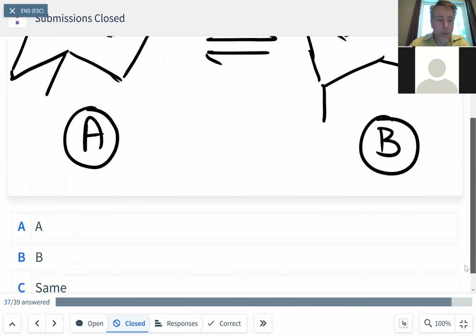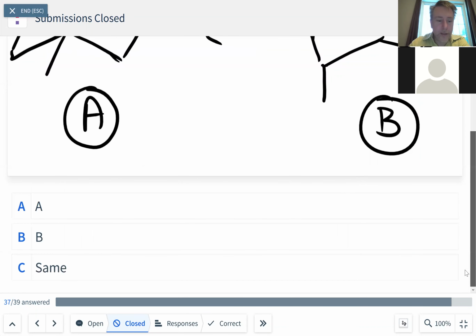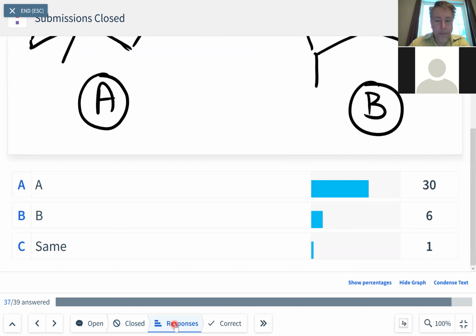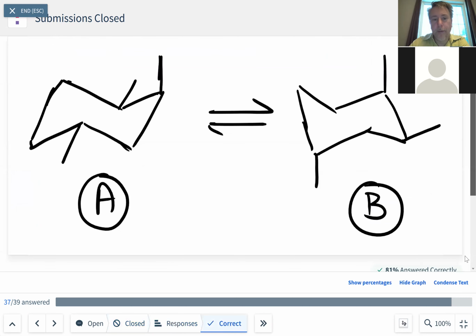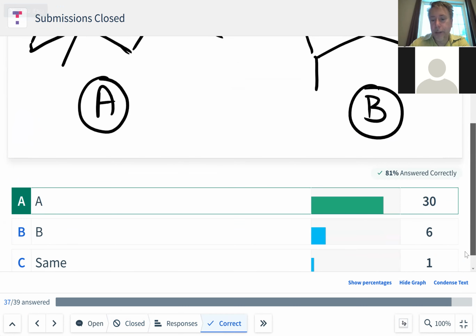And so A would be the correct response. It has only got 1 destabilizing interaction, so it should be the most stable chair. Good. Okay, let's move on to the next one.